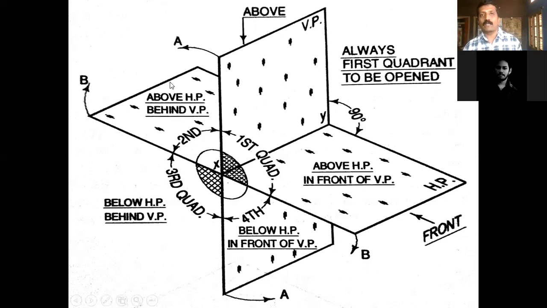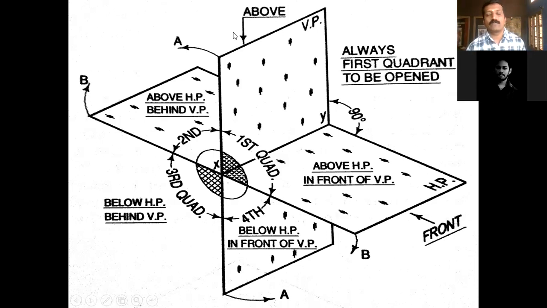This is the second quadrant. Assume that wherever I am placing the cursor, there is the object. How do we give the distance of the object with respect to HP and VP? The object is here. Here also it is above HP. The distance with respect to VP is behind VP, because the observer is standing here, so this distance is behind for him.